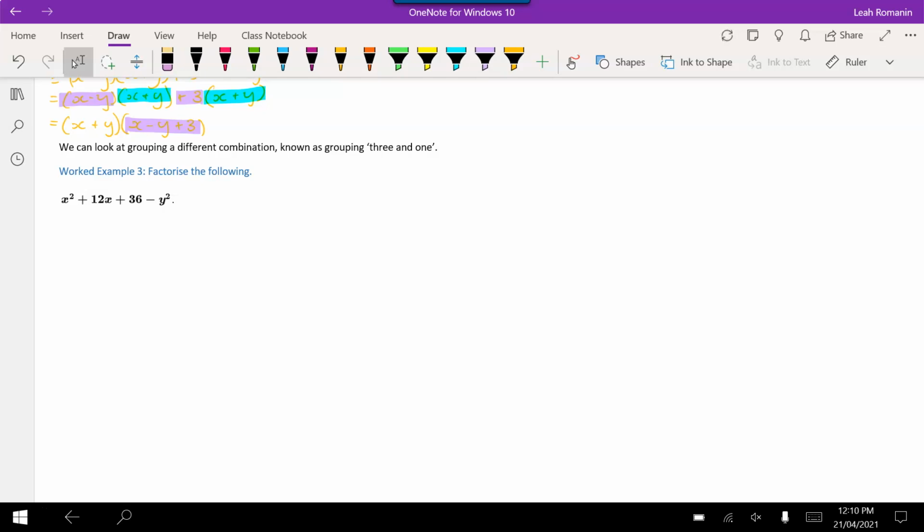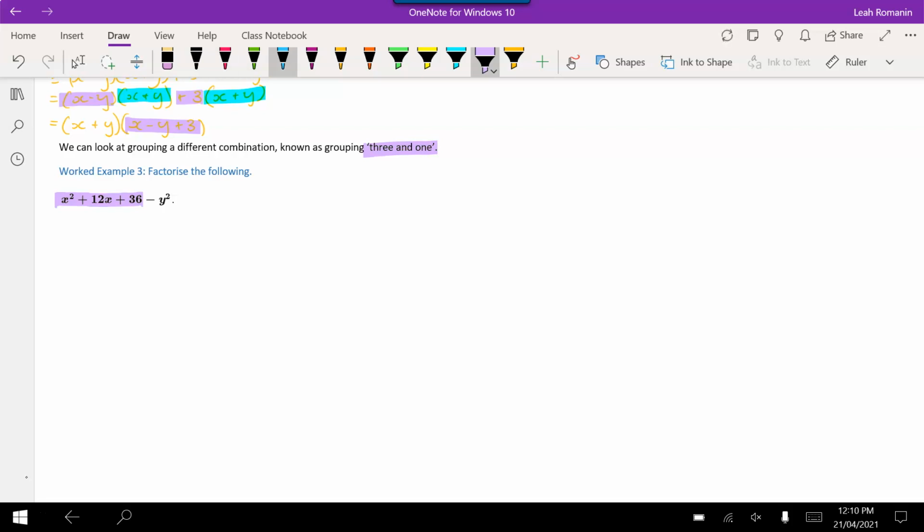Okay, now sometimes it benefits us to actually group 3 and 1 instead of 2 and 2. So remembering back to the perfect squares that we looked at, this x squared plus 12x plus 36 makes a perfect square.